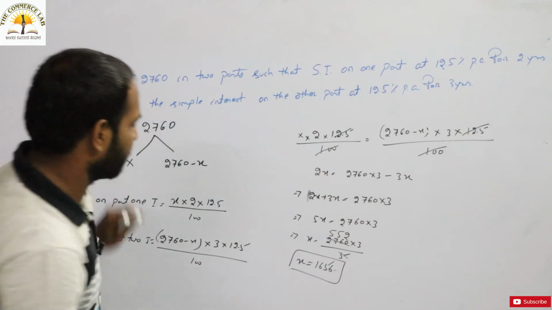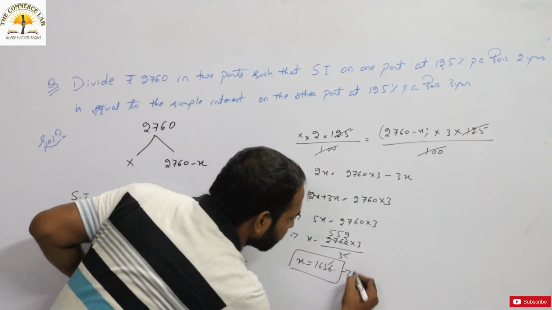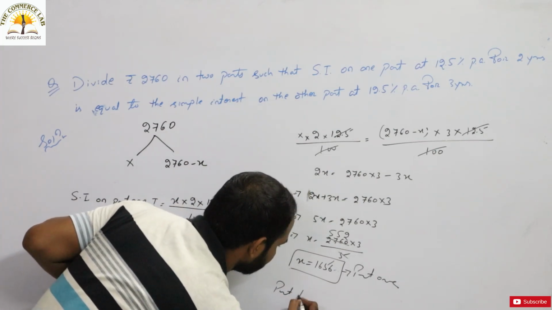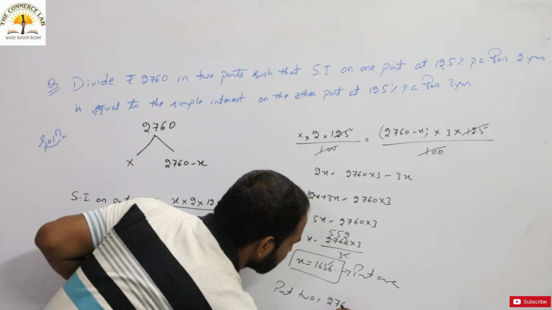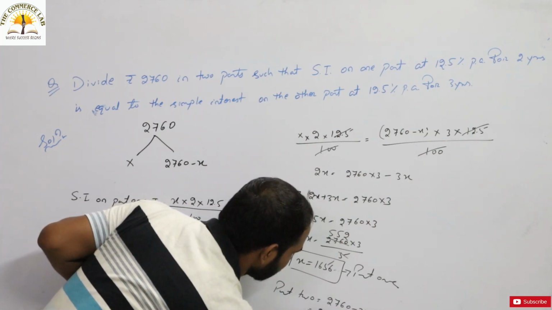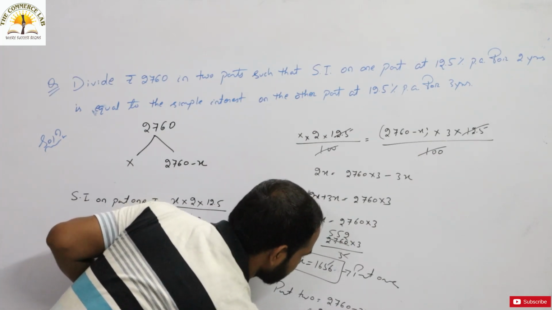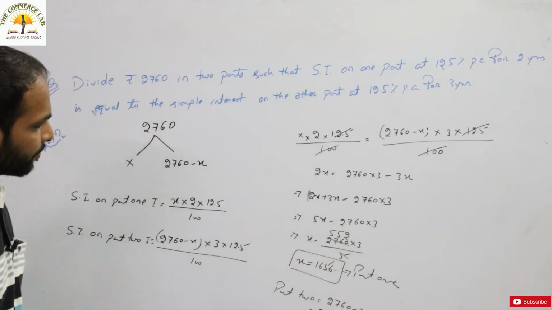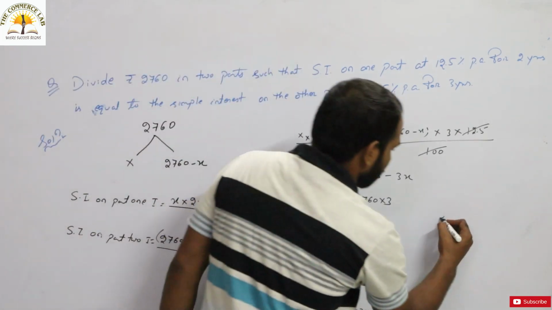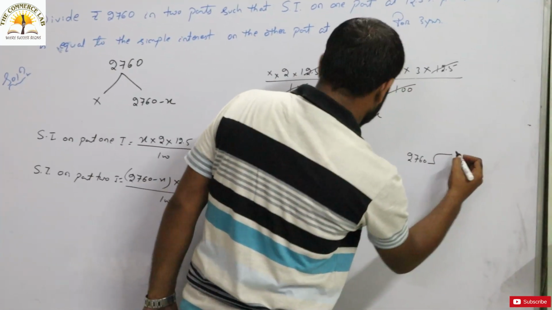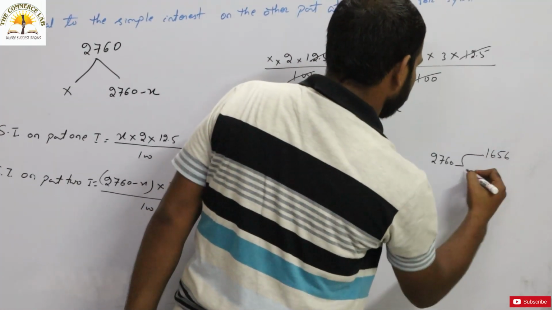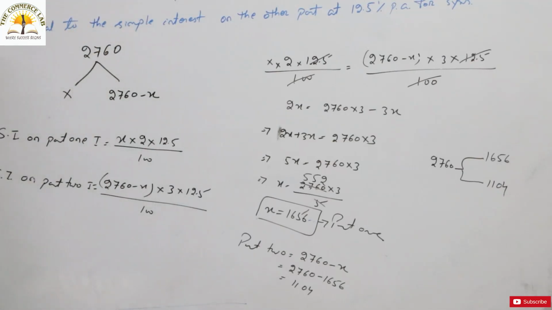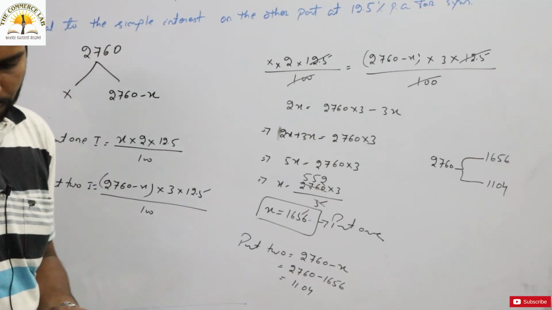So part 2 equals 2760 minus x, 2760 minus 1656, which is 1104. Okay. So part 1 will be your 1656, part 2 will be your 1104. Okay. So come for the next one.